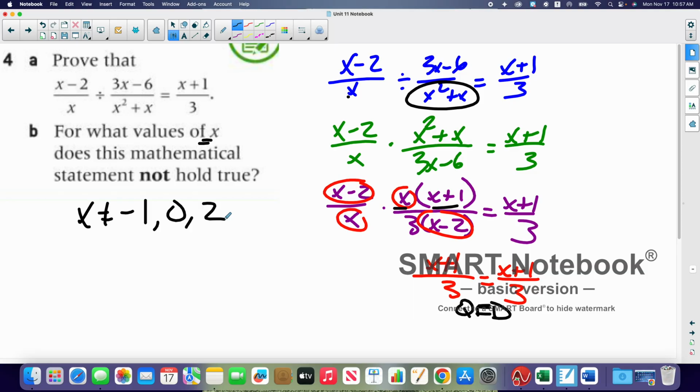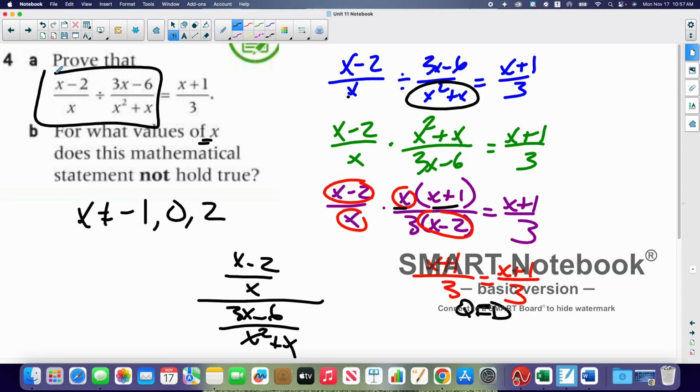Okay? And now, you may think, well, that's in the numerator, correct? So I can have a 0 in the numerator. But if I were to rewrite this, x minus 2 over x divided by 3x minus 6 over x squared plus x, is that the same thing as this? Yeah, I just wrote it as a complex fraction instead of writing it as a division problem.